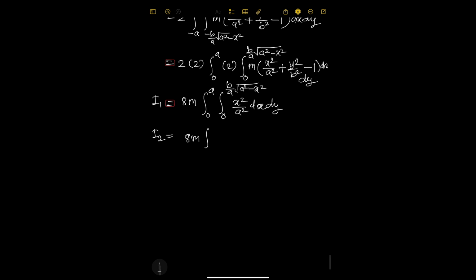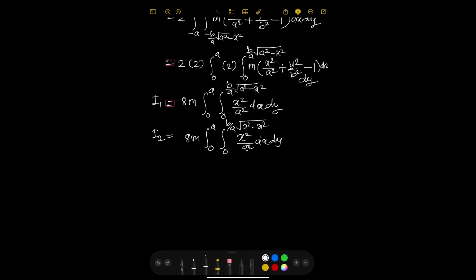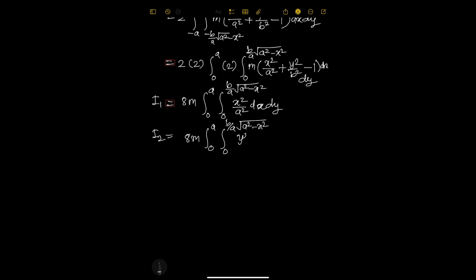I2 is equal to 8m, 0 to a, 0 to b by a root of a square minus x square, and the integrand is y square by b square dx dy.